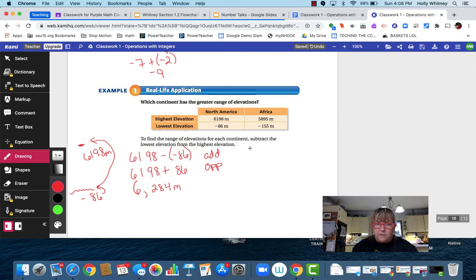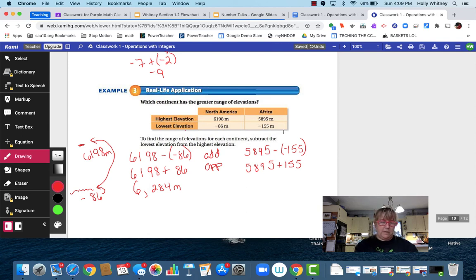In Africa, it's 5,895 meters subtract negative 155. Again, we're going to add the opposite because it's a subtraction problem. So that becomes addition, and that's 155 because you take the opposite of negative 155.